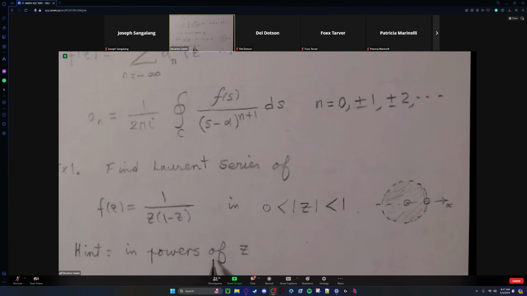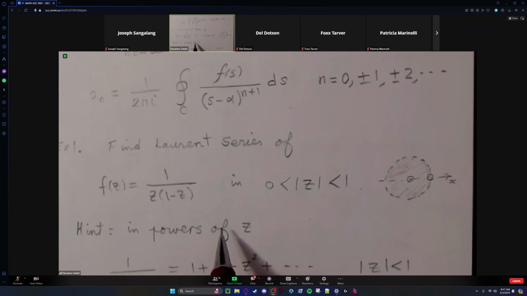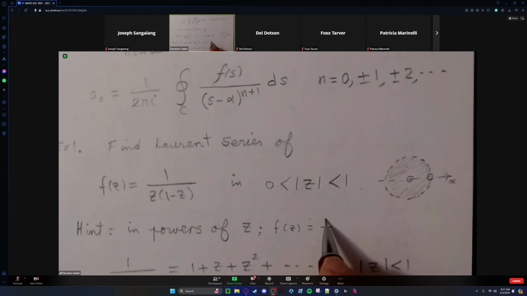If I want it in powers of z, then the function looks like 1 over z times 1 over 1 minus z. So I have no problem here. It's already in powers of z. So we need to take care of this part.